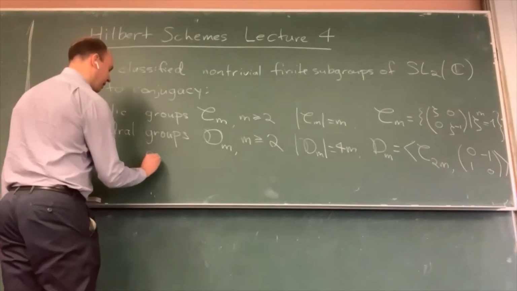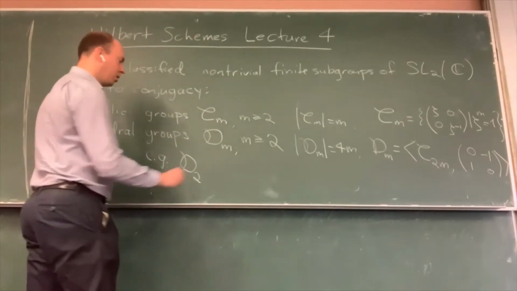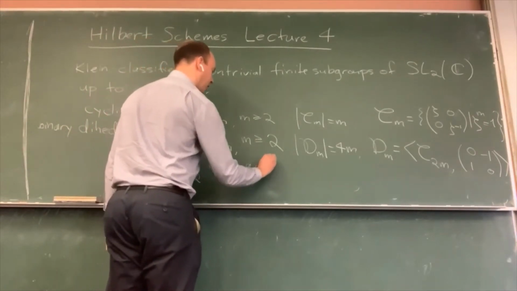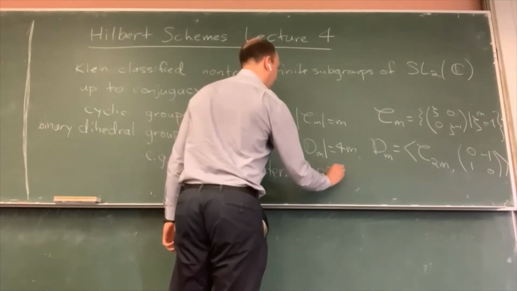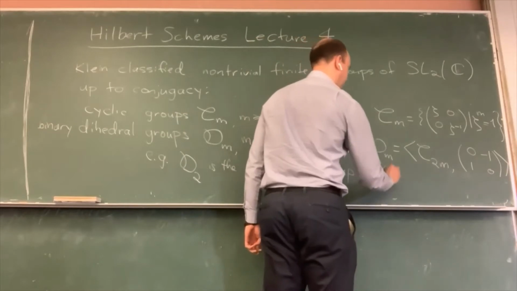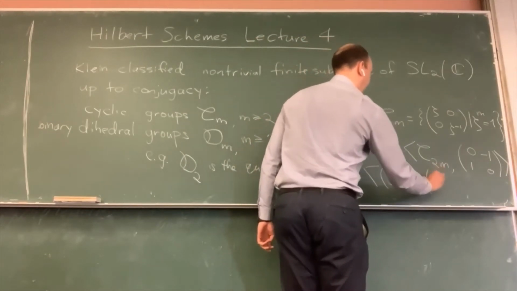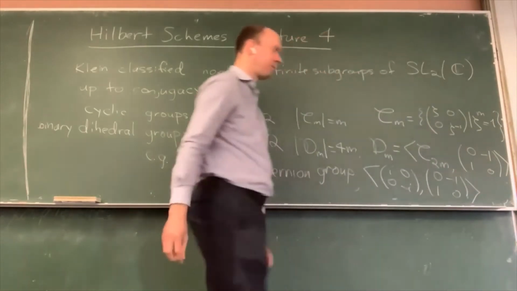So, for instance, the first of these is D2, which is the quaternion group. So that's generated by the matrix i, 0, 0, minus i, that matrix.